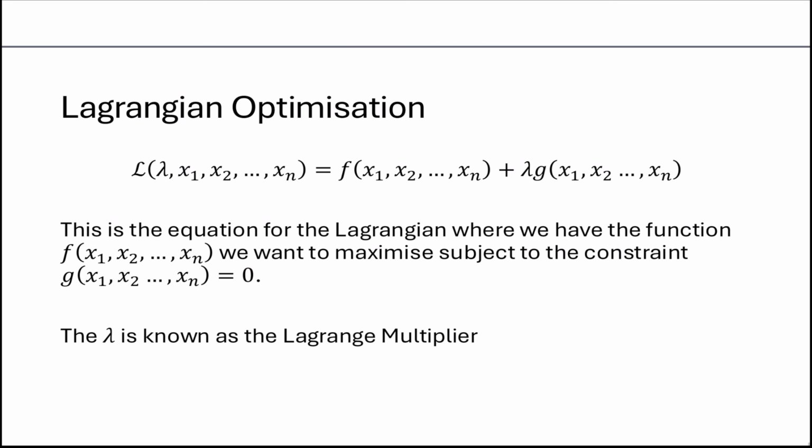We do this by using the Lagrangian. So this is the Lagrangian. You can have lambda at the start or at the end. I'll just put it at the start because we don't know how many variables there are, since this is just the general form.